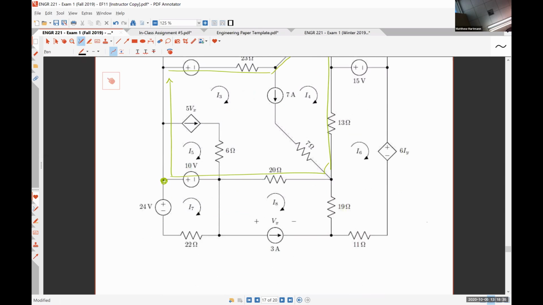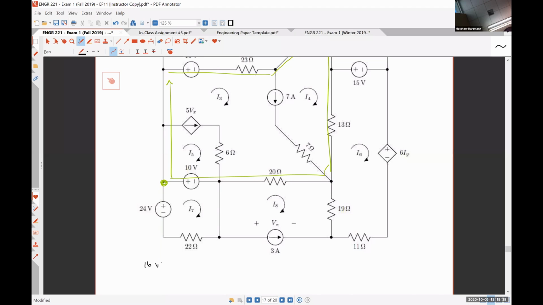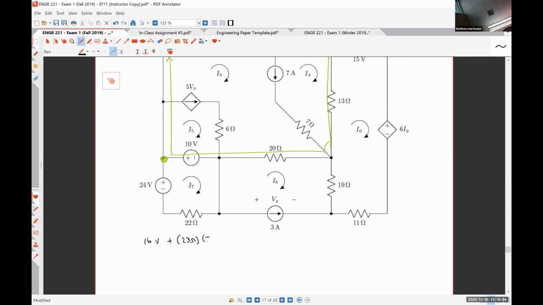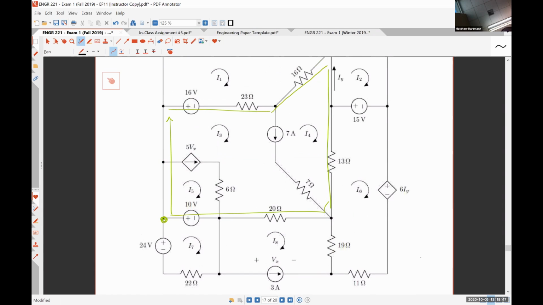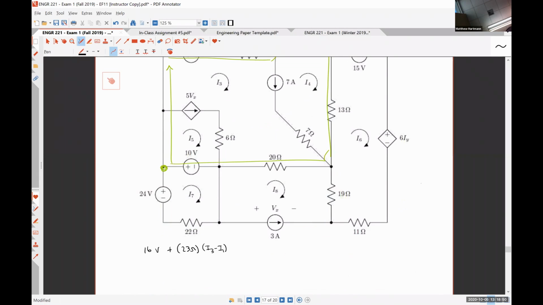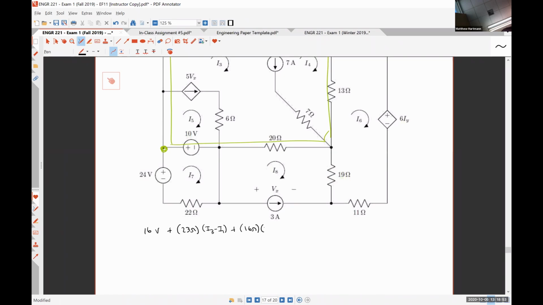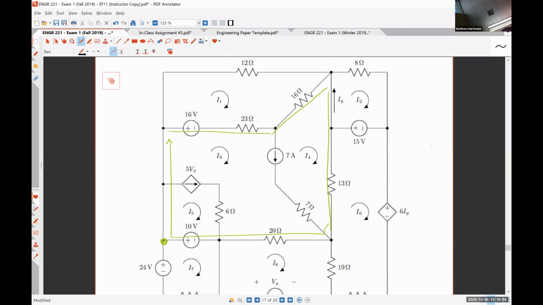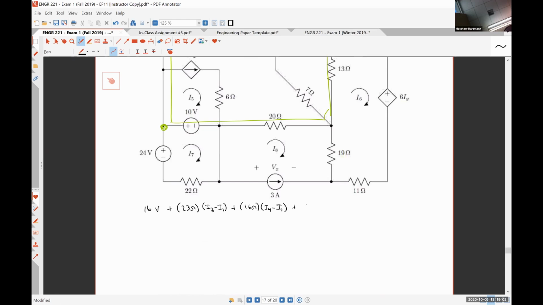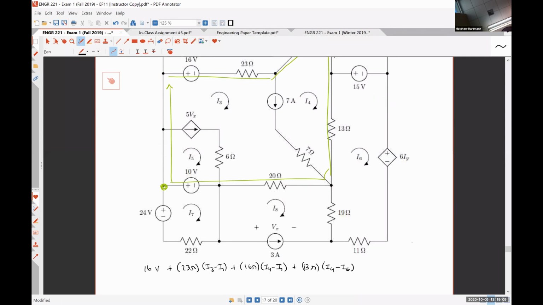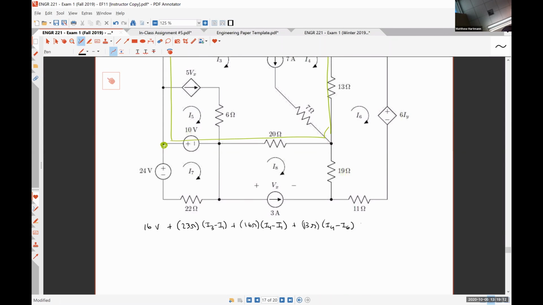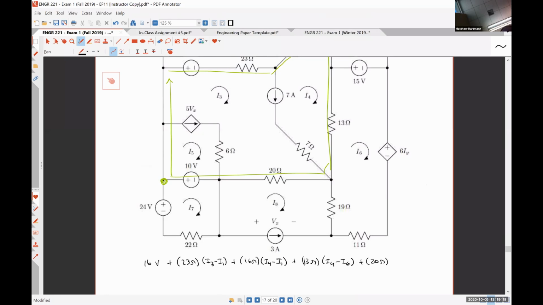We see a hole short circuit, so it's going to be positive 16 volts plus 23 ohms times I3 minus I1 plus 16 ohms I4 minus I1, short circuit, 13 ohms I4 minus I6, 20 ohms I3 minus I8.